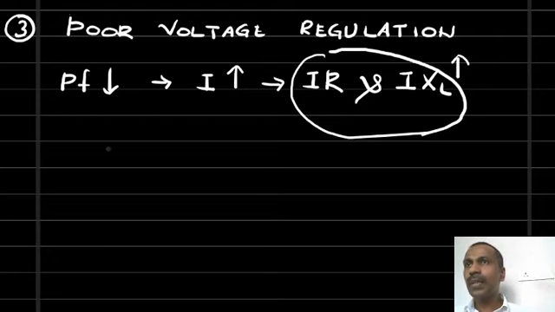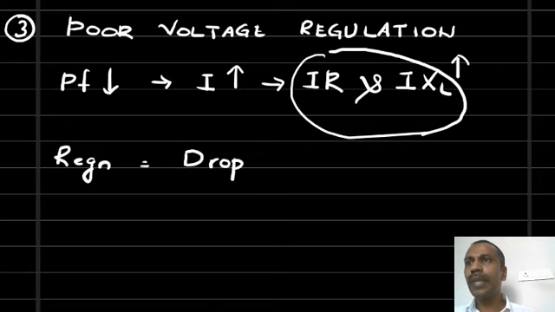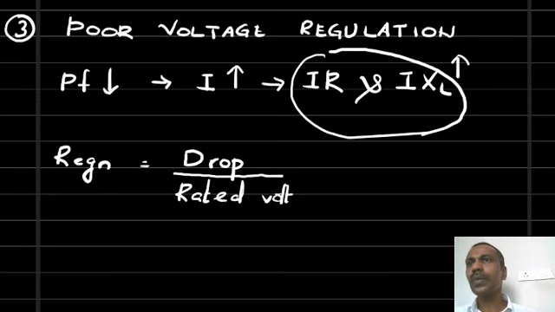What is meant by regulation? Regulation means the voltage drop divided by the rated voltage. So when IR and IXL increase, the regulation becomes poor.